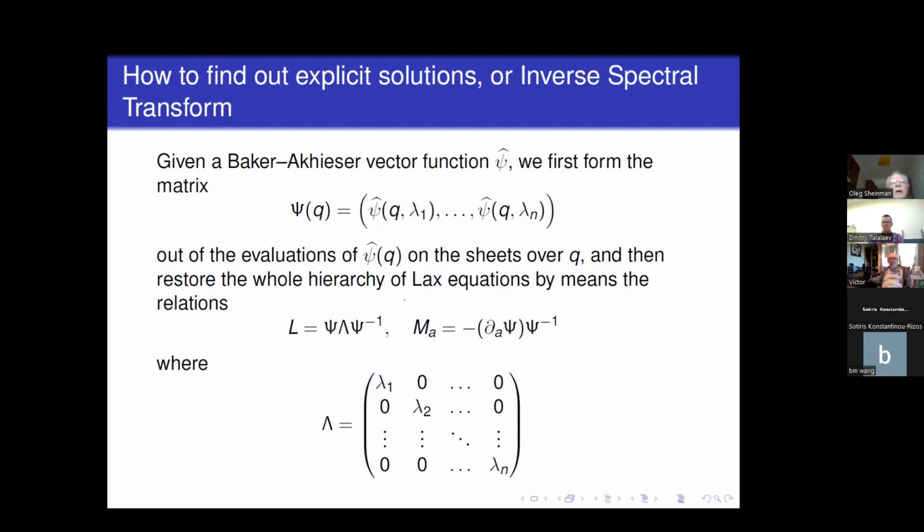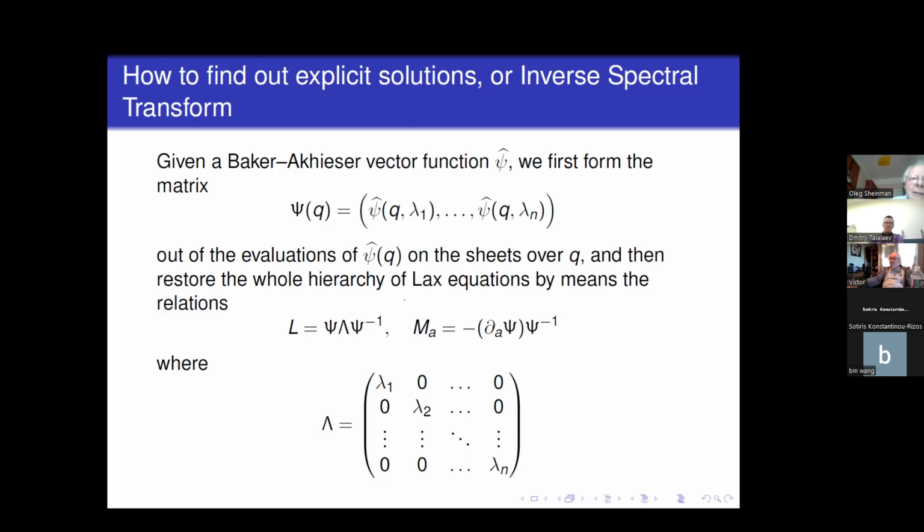How to find an explicit solution using the Baker-Akhiezer function? This is the content of the inverse spectral method. So assume we have a Baker-Akhiezer function psi hat.